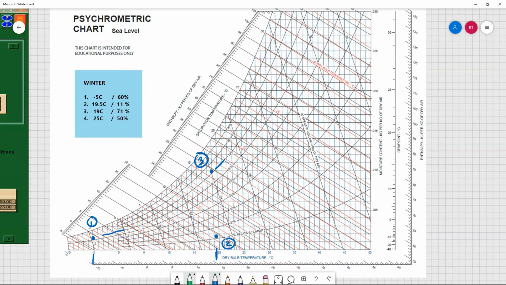And finally, I get to point number 4, 25 degrees dry bulb and 50%, which is somewhere around here. So if I plotted my pathways, what I have is my first point here, which is my preheat.